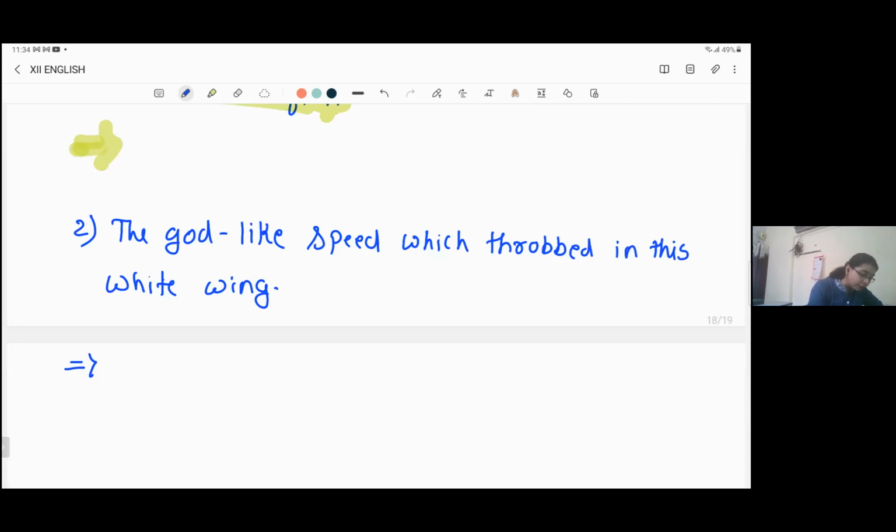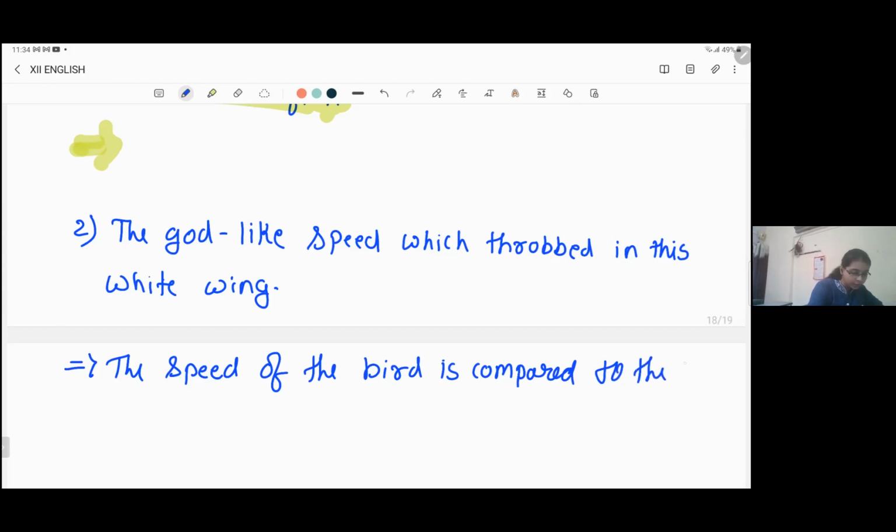The speed of the bird is compared to the speed of a god.